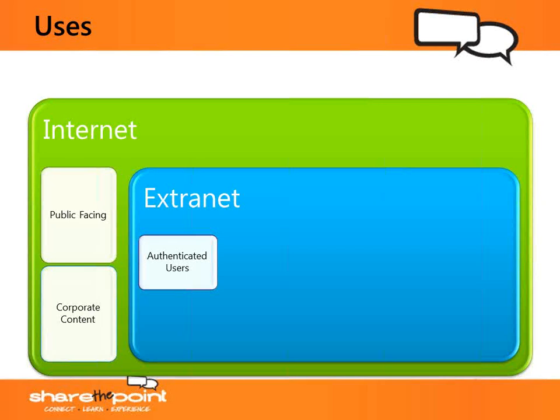By that I just mean that people need to have a login to actually access the information on their site. The other one might be members. If you're an organisation that has members and you want them to be able to log on to access specific information, then that would be your extranet example as well. And then you've got suppliers, contractors, partners and so on. So you've got your public access where they don't require a login. Then you've got Extranet where they do require a login.